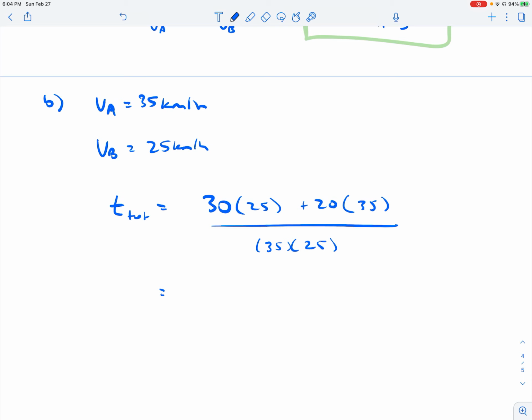Crunching all those numbers, you get something approximately equal to 1.66, and that's going to be in hours because it's kilometers per hour. We can just say, therefore, it will take 1.66 hours to complete the race.